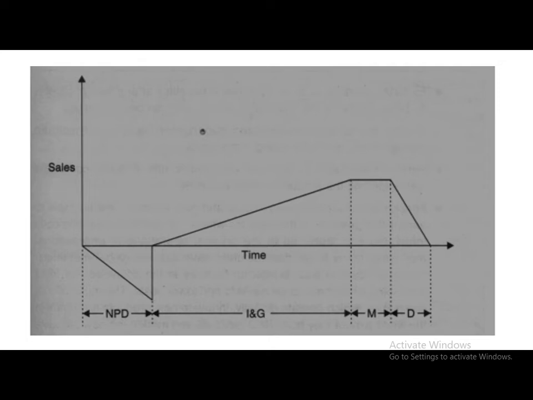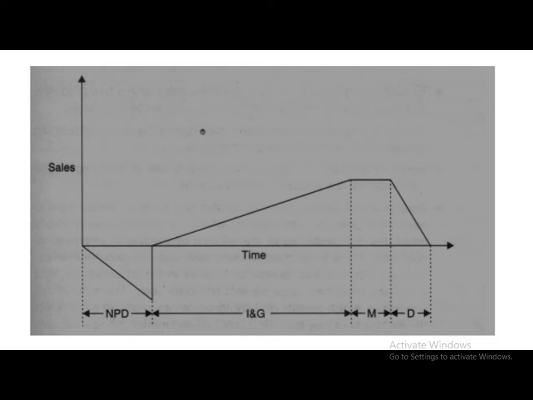Now, just look at this figure. You can pause the video and look at the figure. Usually, most industrial products follow a set pattern on their product life cycle as shown in the first figure, that previous figure. But in certain cases, the products may not follow the set pattern.